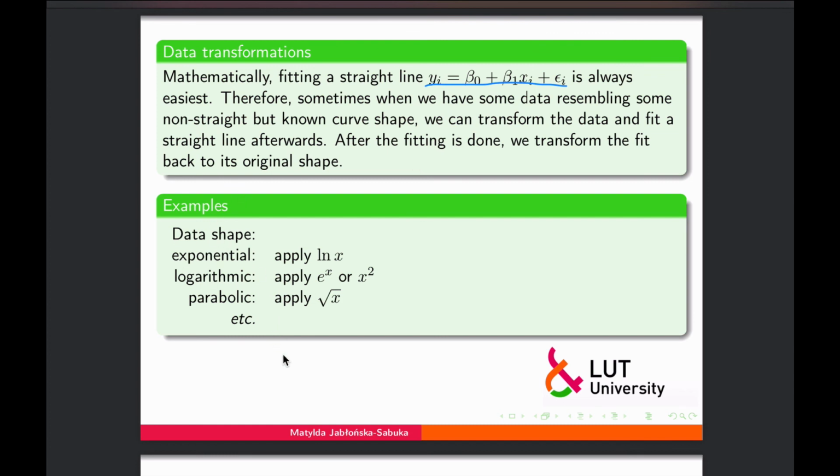There are some examples here of what kinds of transformations we can use. If the data shape is exponential, we would apply a logarithm. If the data shape is logarithmic, then we apply an exponential or square. And if the data shape is parabolic, then we apply a square root. Such a transformation should then bring a linear look between our x and y variables.